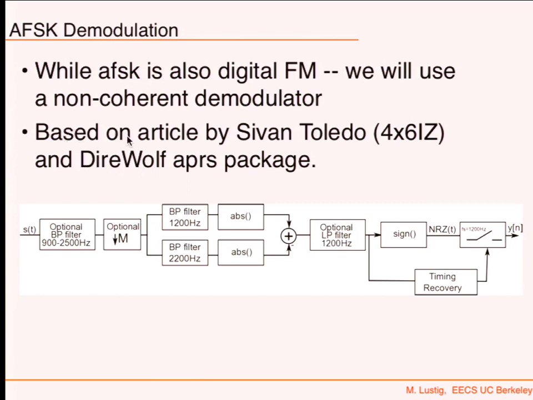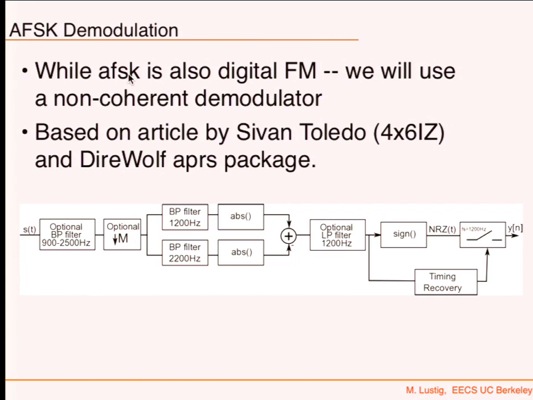So the idea is, first of all, AFSK is really digital FM. It's really frequency modulation. And you could do frequency demodulation, like take the derivative, basically do the same thing that we did for FM radio. That would work fine, but as it turns out, it is not as robust as the matched filter approach we're going to actually use here.